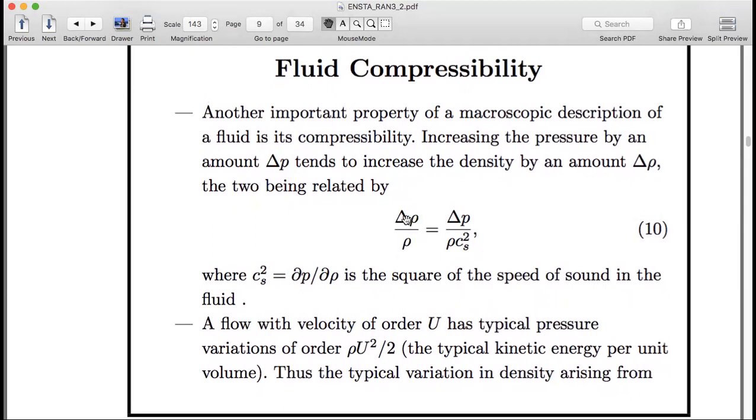We're going to ask ourselves, what's the fractional change in density, and I'm going to say how it's related to the pressure. Or actually, now that I think about it, eventually we're going to talk about when this quantity on the left-hand side is big.